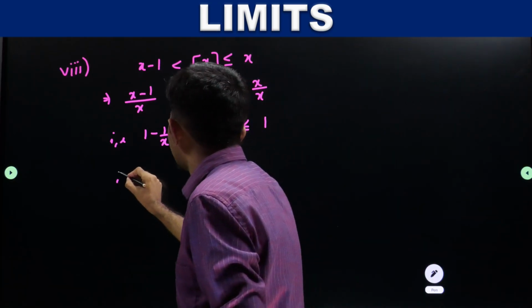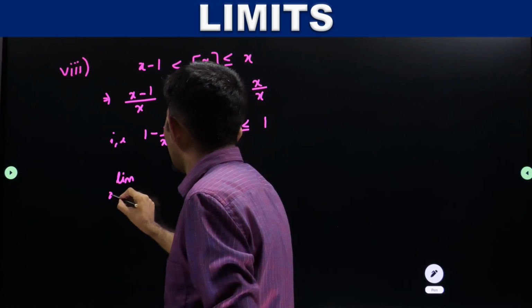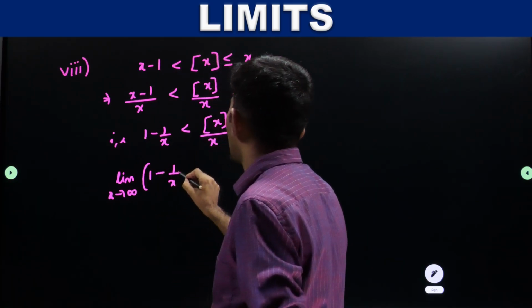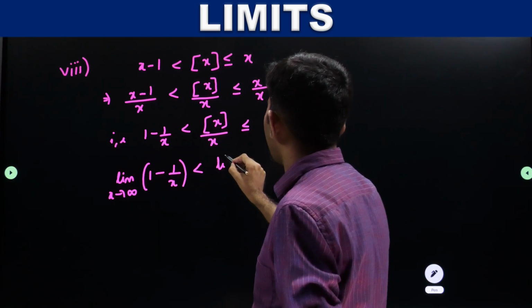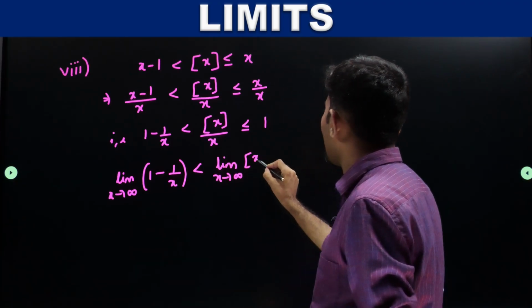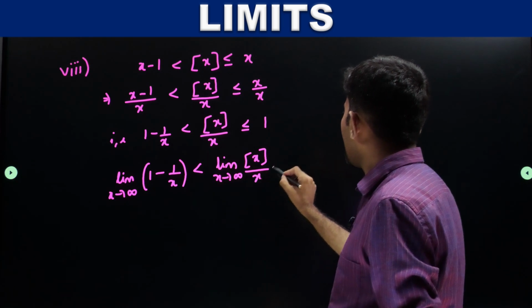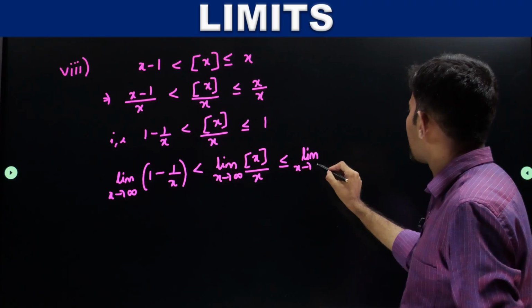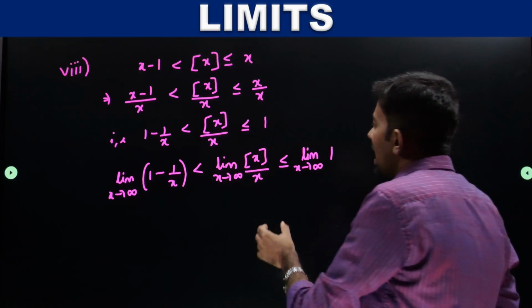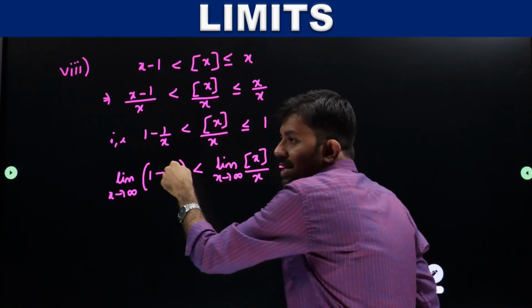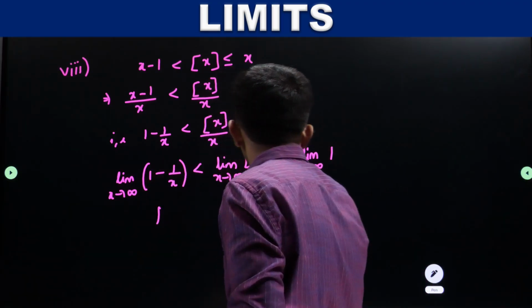Now if you take limit x tends to infinity, limit of 1 minus 1 by x is less than limit of greatest integer value of x divided by x, which is less than or equal to limit of 1. As x tends to infinity, 1 by x tends to 0, so 1 minus 0 becomes 1. This is 1, this is 1.